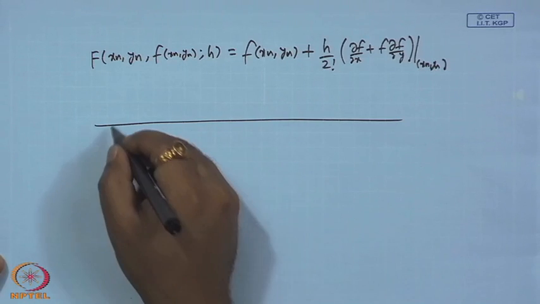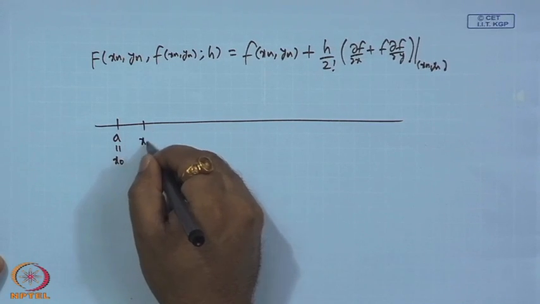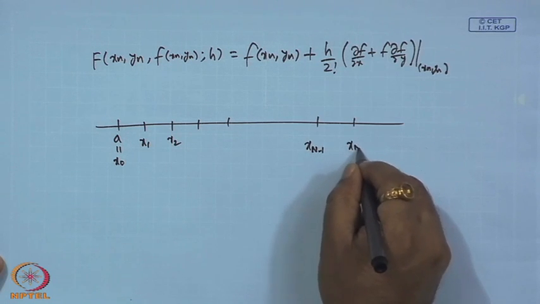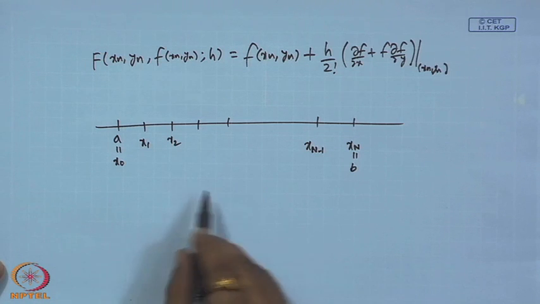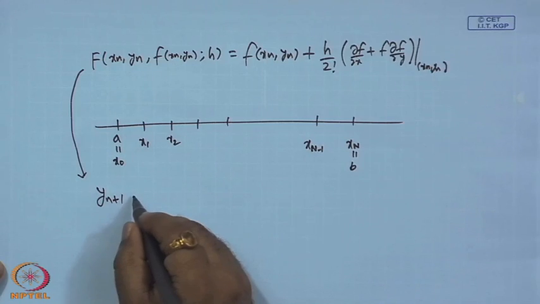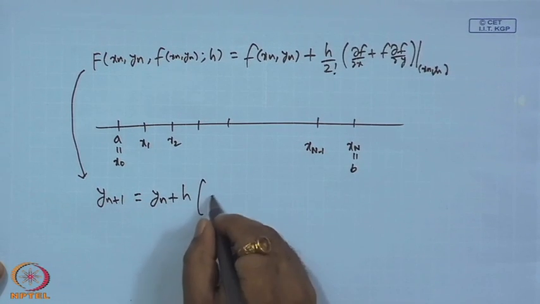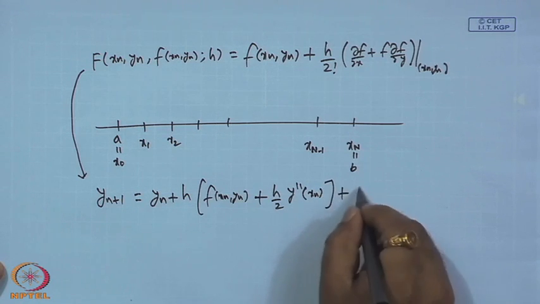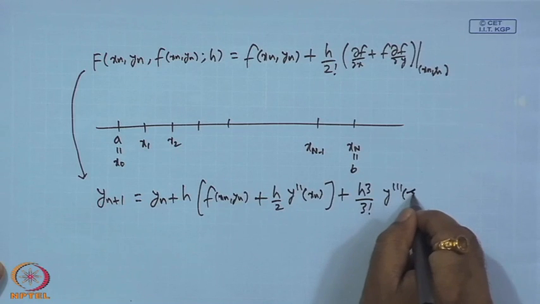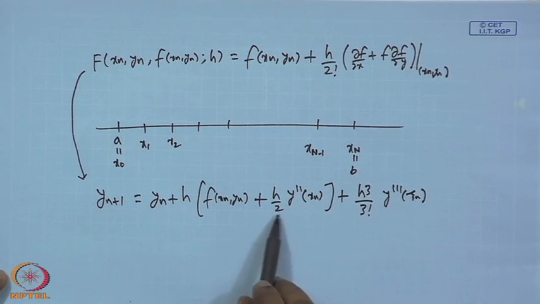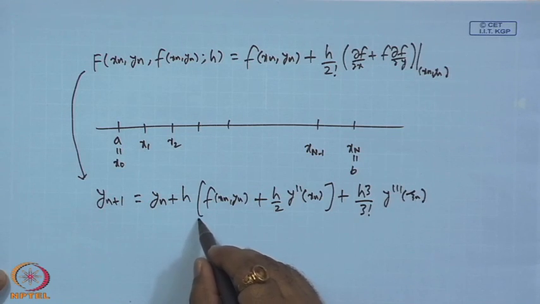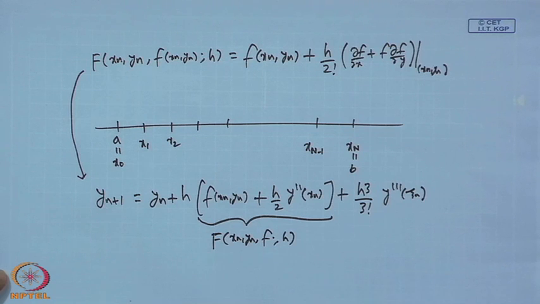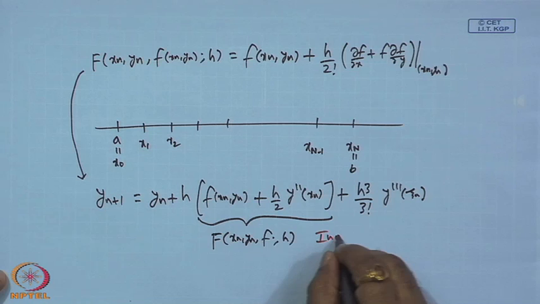So when we start our computation like this, say if we put down up to 3 terms, the third term is like this, and this is called the increment function.